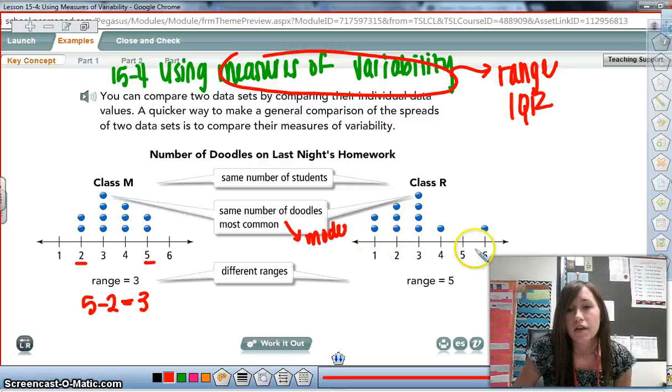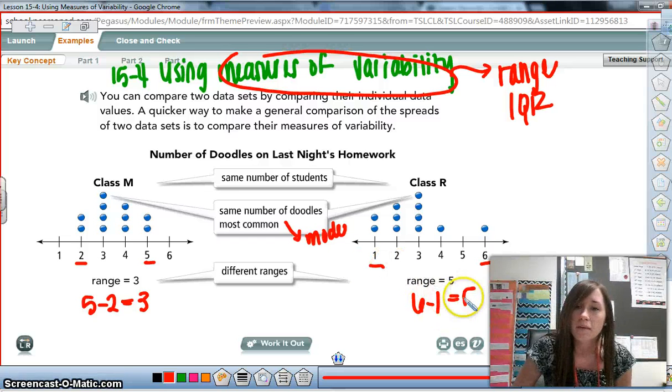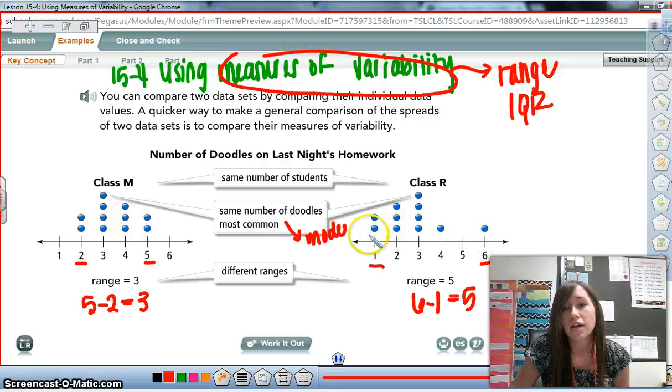In this class, the highest number of doodles created was 6 and the lowest was 1. So 6 minus 1 makes a range of 5. There's a wider spread of the number of doodles, and so there's more variability. We have more people doing similar numbers of doodles here, and there's more spread out answers here.